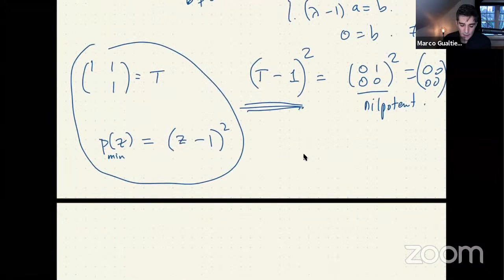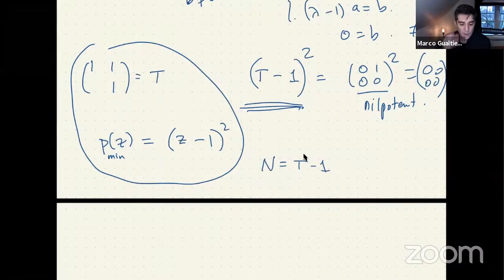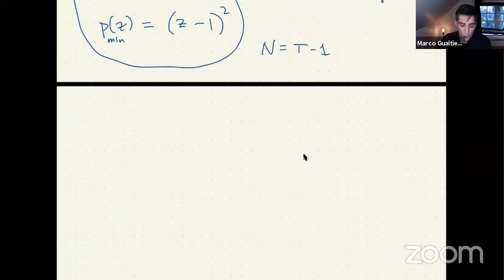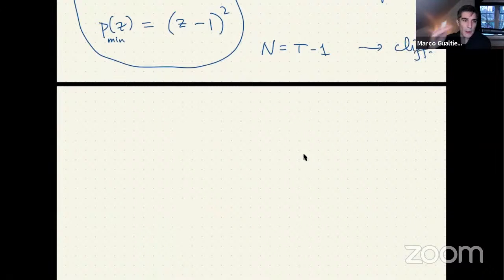Okay, and then we look at T minus 1, and we call this N, because this is the thing that's nilpotent. And we study this one. Now we go to the cliff. The nilpotent people, they are working at the edge of the cliff, and they're making the lemmings go over the cliff. So what do we say?